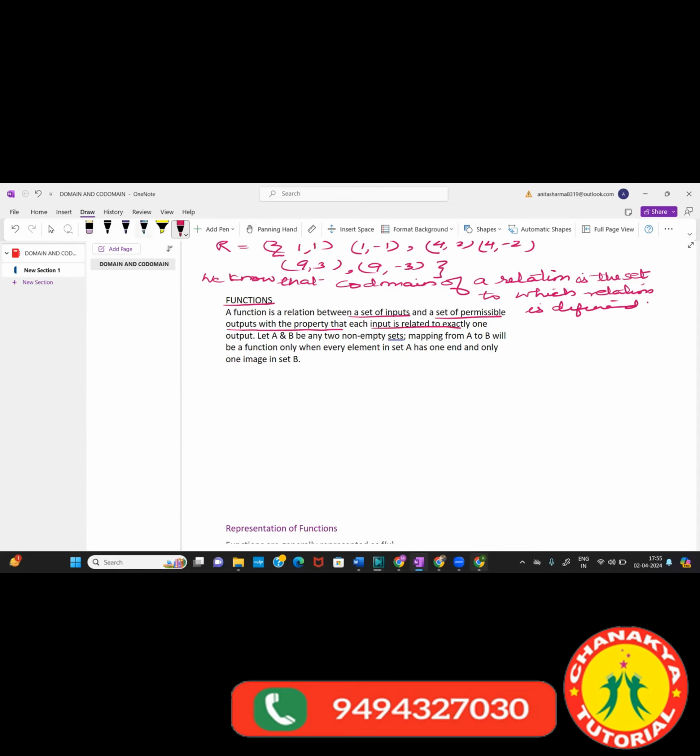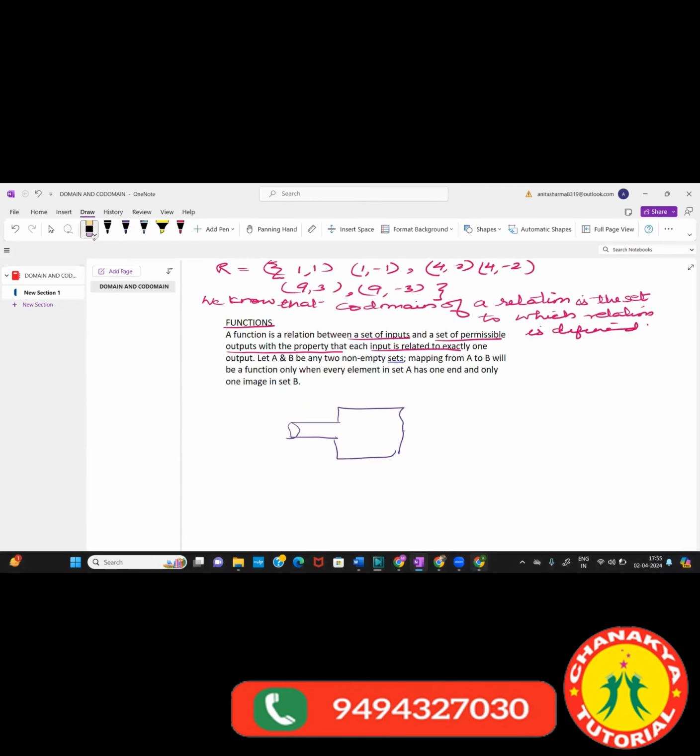Okay. So see, beta, a function you can think of like a mechanism. Suppose there is a mechanism, or you can say a device.